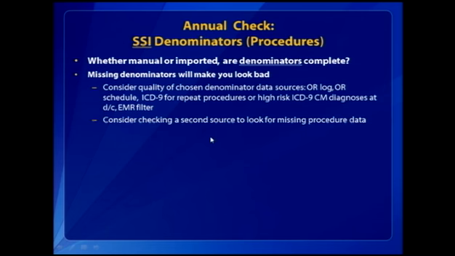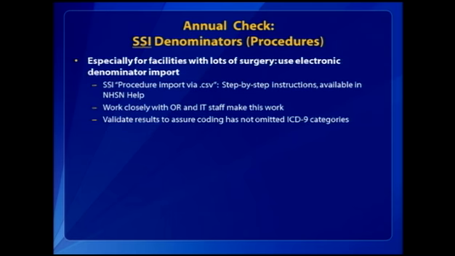Consider the quality and the completeness of the information that's coming from that source. And if you have a different source that might be more complete, or overlapping sources that together would give you better, more complete information, figure out if you can do a better job of capturing complete denominator data for SSIs.